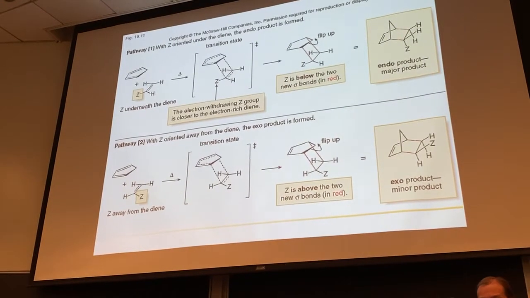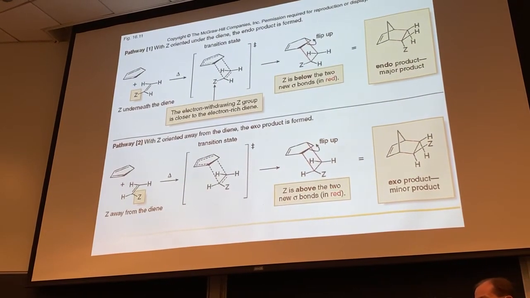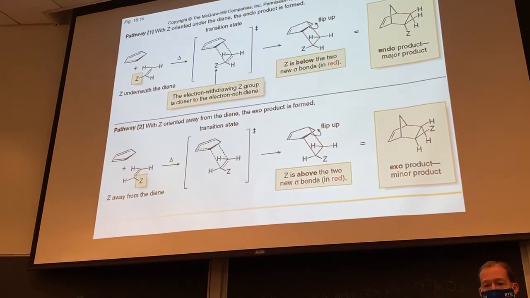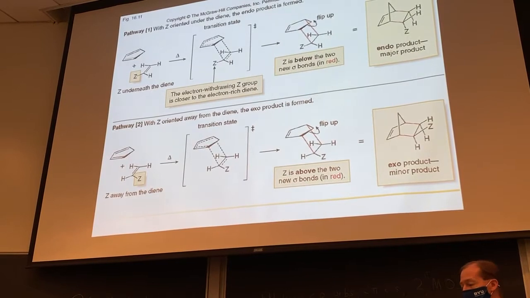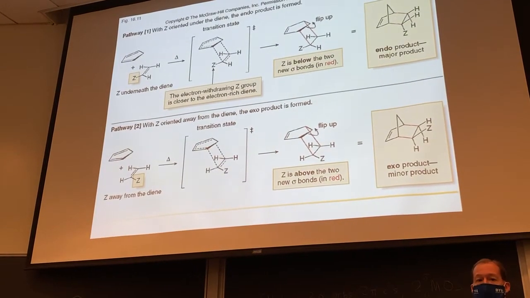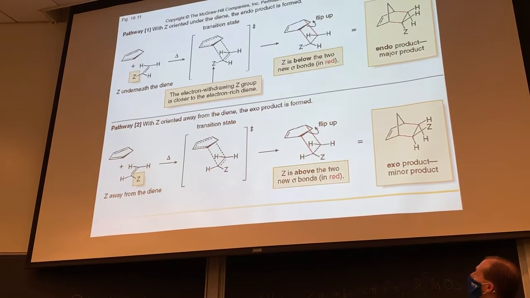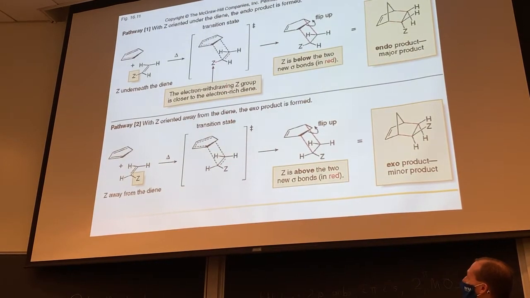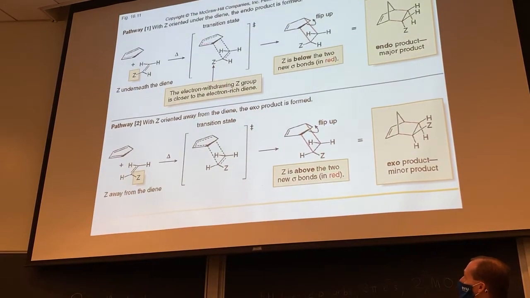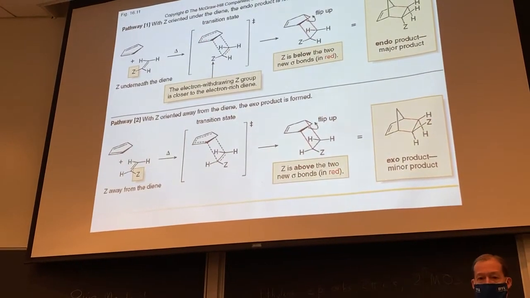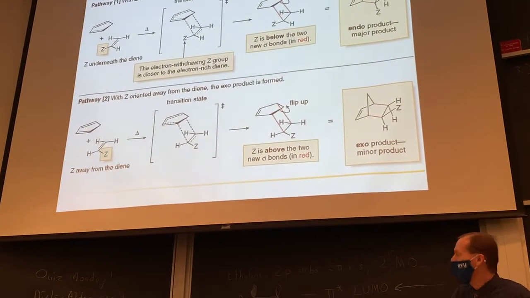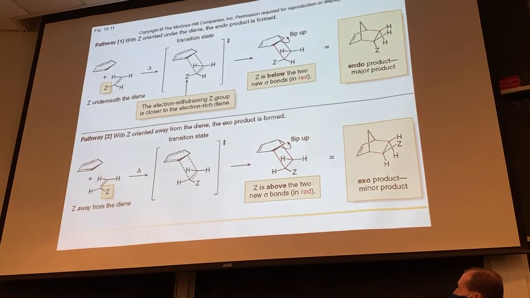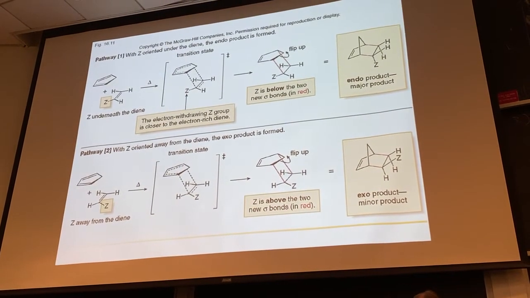It's usually a carbonyl group. That carbonyl group has an electronegative oxygen. That electronegative oxygen pulls on electrons, attracts electrons through bonds. It can also attract electrons through space. And so, if you bring that electron withdrawing group close in space to the electron-rich diene, remember we have 4 pi electrons in this diene, you can have an attractive interaction between the pi electrons and the electron withdrawing carbonyl oxygen.